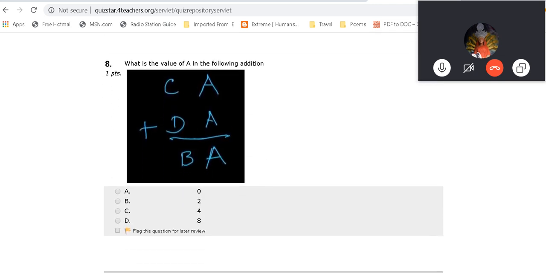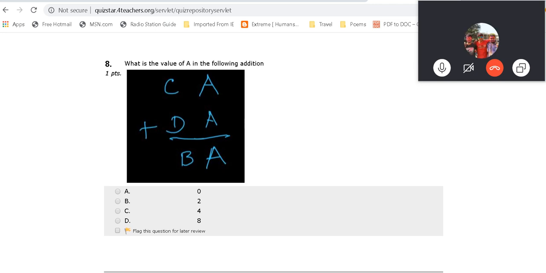And what is the value of A here? It's 1, 2, and 3. So we get 2.